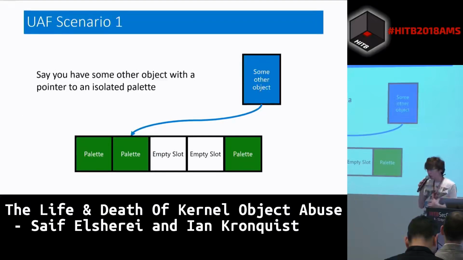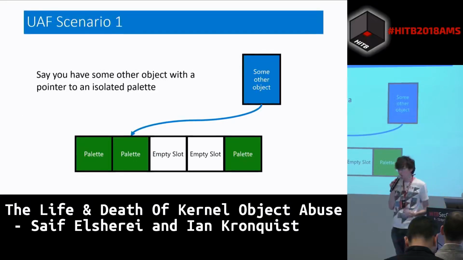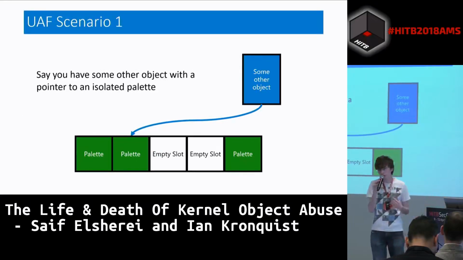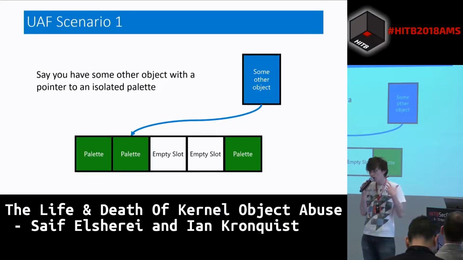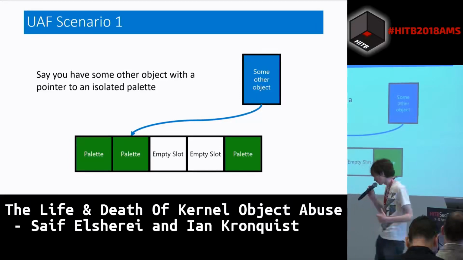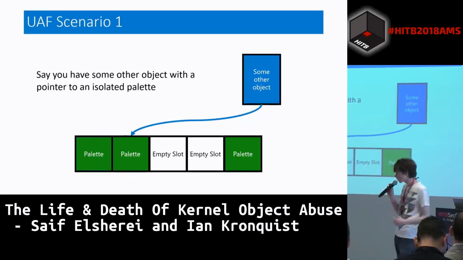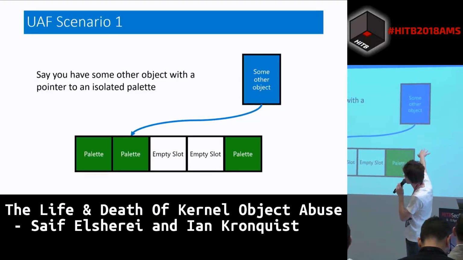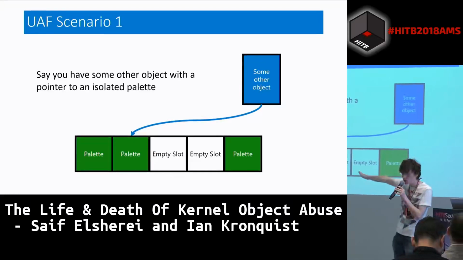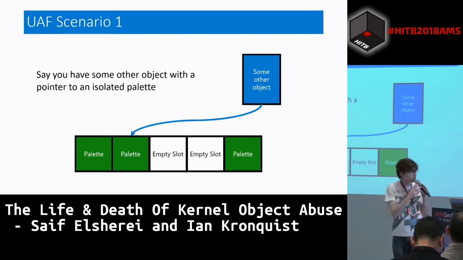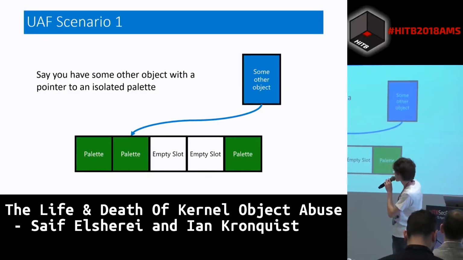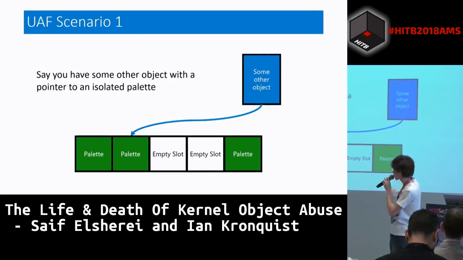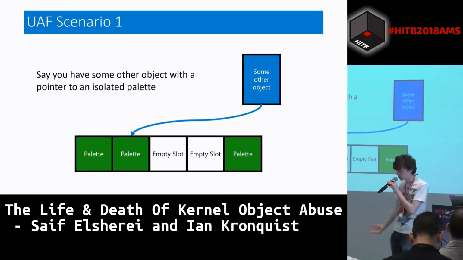So I want to walk you through two use after free scenarios and show what really happens when we try to use an exploit like Saif's on this new type isolated heap. So the first scenario, we've got some other object up there in blue. It lives on the general purpose heap. Maybe it's one of Saif's window objects, and we're going to smash the palette object, right? That's what he's trying to do, but we've isolated the palette object now.